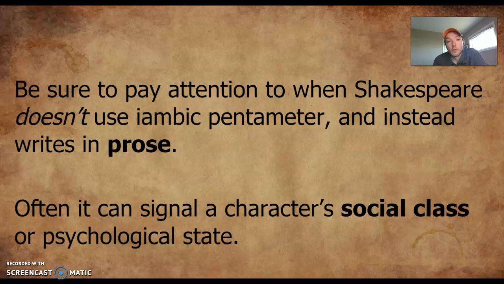So be sure to pay attention to when Shakespeare doesn't use iambic pentameter and instead writes in prose. It does happen. Often it can signal a character's social class or psychological state. Usually, if they're poor, they don't speak in iambic pentameter or blank verse, because Shakespeare was kind of a jerk.